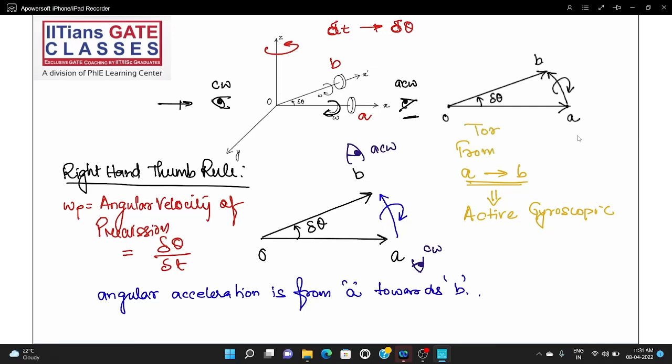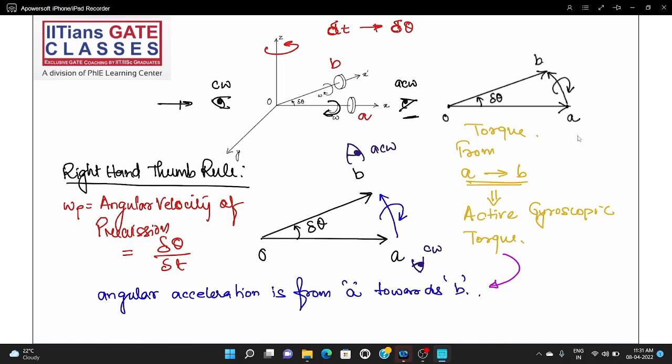What is this torque responsible for? This torque is responsible for angular acceleration from A to B. So torque is from A to B. That is why angular acceleration is from A to B.